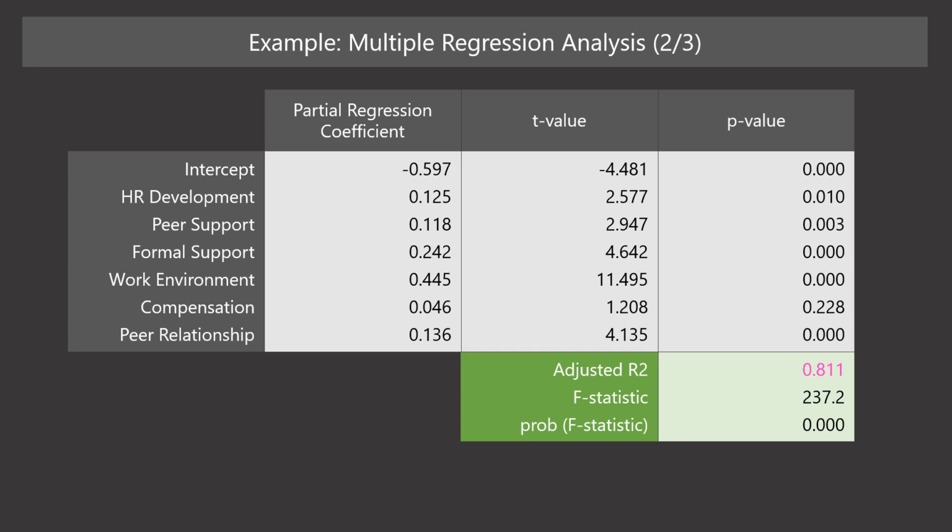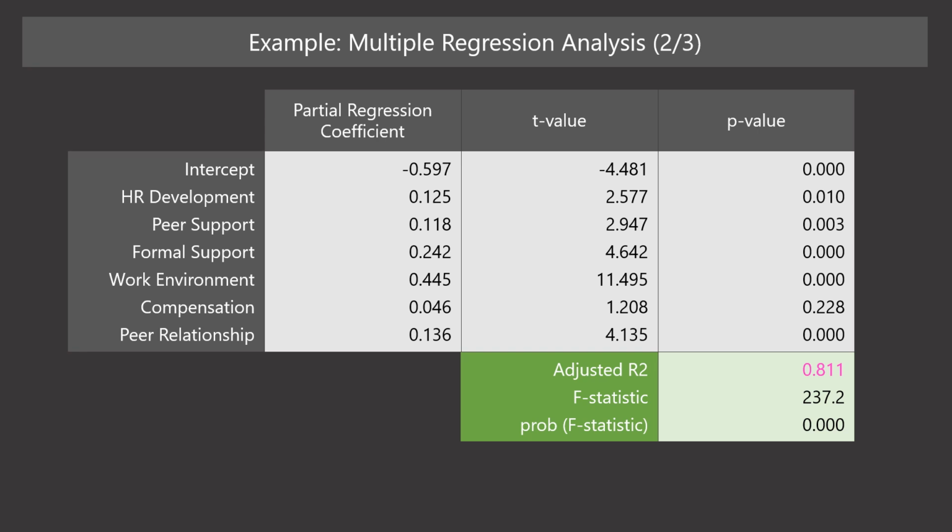Adjusted R-squared represents the proportion of the variance of the dependent variable that is explained by the independent variables in the regression model. Simply speaking, it represents how well the data fits the regression model.